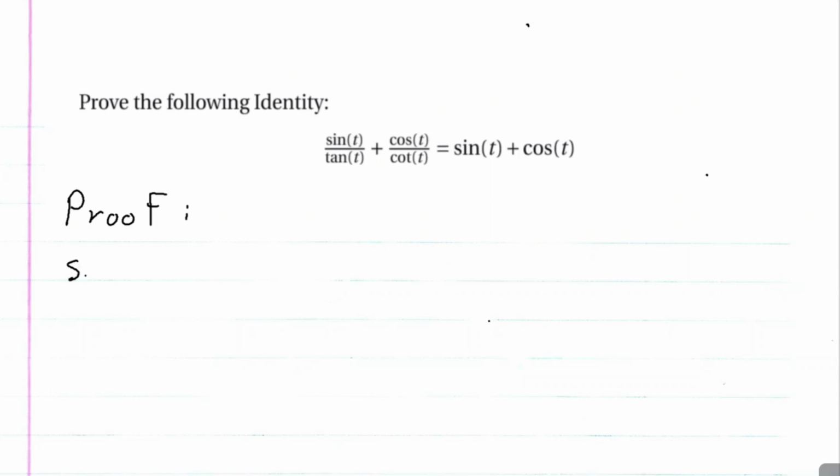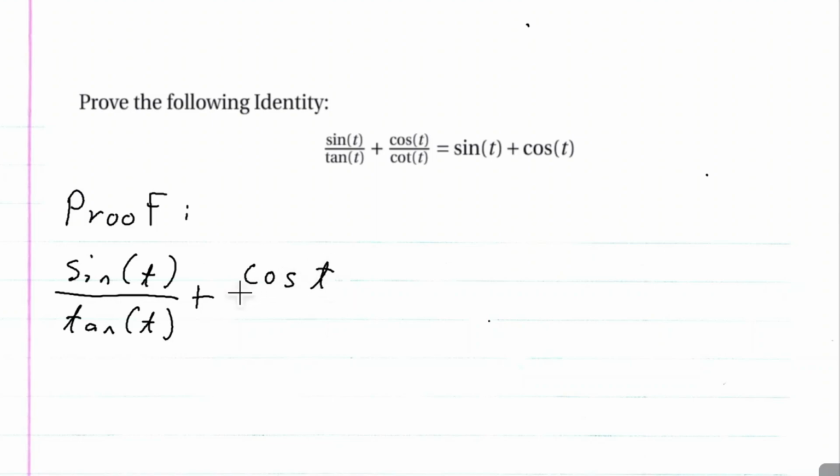So let's go ahead and start with sine of t over tan of t plus cosine of t over cotangent of t, right? Here, I'm just going to use the formula for tangent of t, which is, we know that tan of t is sine over cosine.